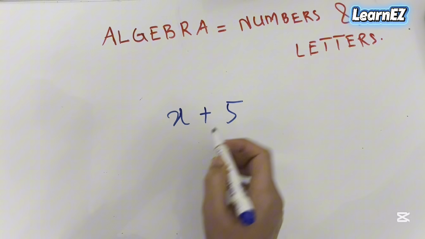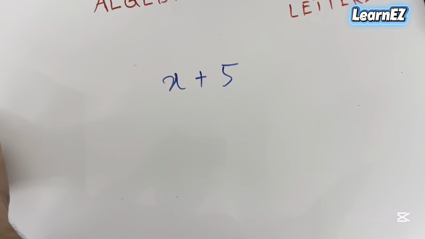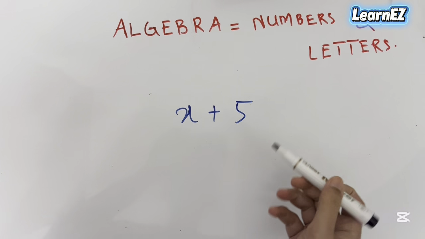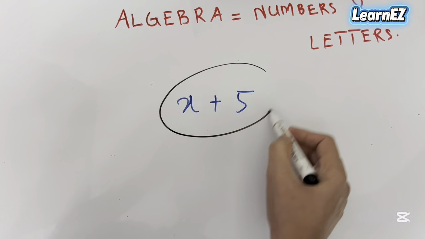Okay, so x plus 5. If we write x plus 5, do you think we can do the addition here? We cannot, because see, the 5 is a number here and x is a variable here.